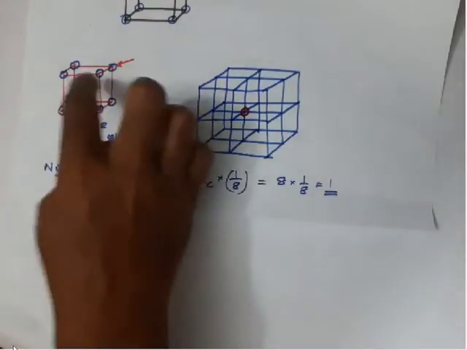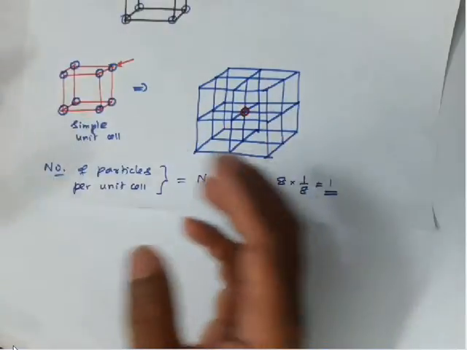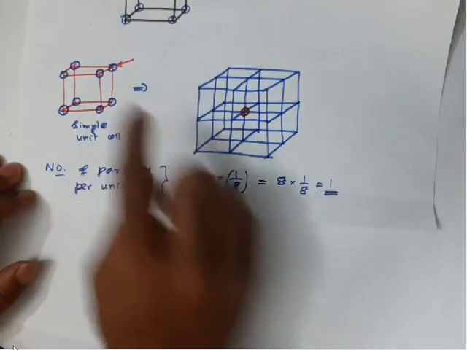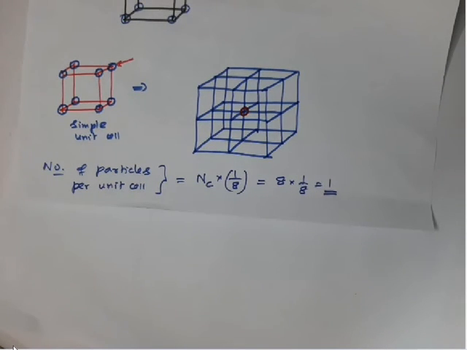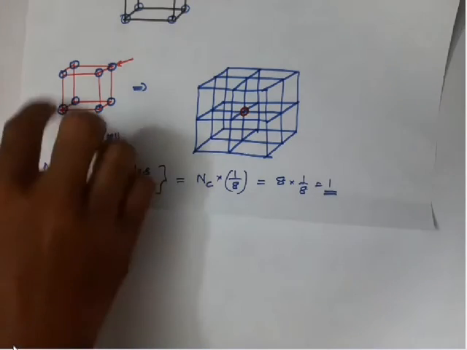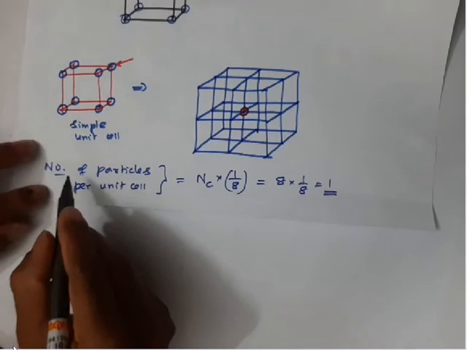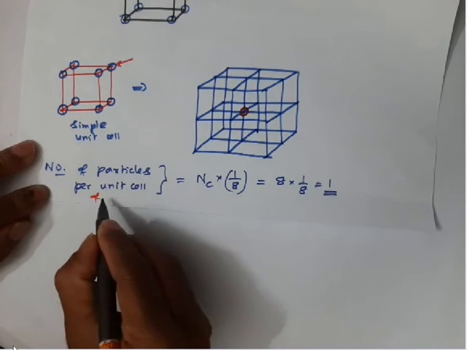It appears like there are 8 particles, but these 8 particles are also shared with other unit cells. Therefore, the contribution of 8 particles to one unit cell is actually 1. This is for the primitive unit cell, and it is cubic type. Therefore, I'm going to introduce a term here: number of particles per unit cell of simple cubic.